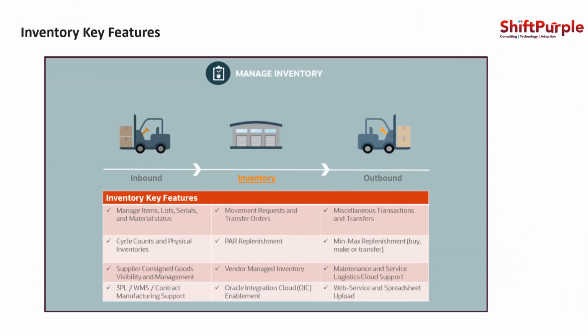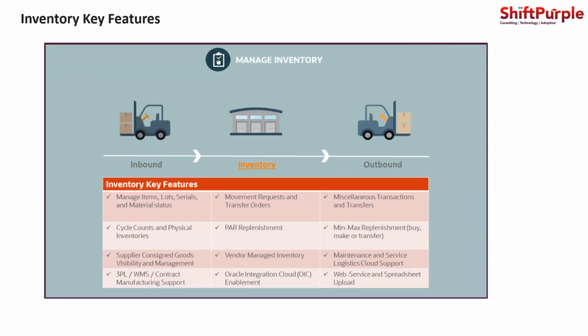Let's talk about inventory key features. You can manage item lots, serials, cycle count, physical inventory, physical count. Supplier consigned goods can be kept, movement requests and transfer orders can be generated, period automatic replenishment planning, vendor managed inventory can be there, OIC linkage can be there.